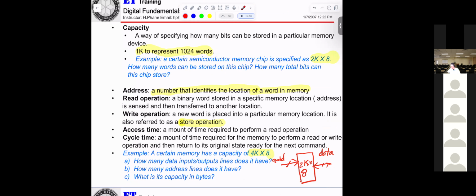Example: a certain semiconductor memory chip is specified as 2K by 8. How many words can be stored on this chip? How many total bits can this chip store?